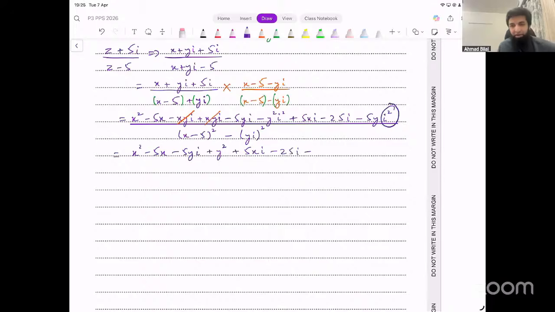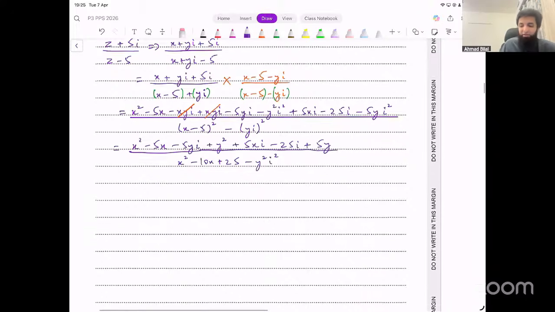Iota squared again, that becomes negative 1, right? So that's plus 5y. Okay? Let's simplify the denominator as well. x minus 5 whole squared. What's that? x squared minus 10x plus 25 minus y squared iota squared. This is what the denominator is.